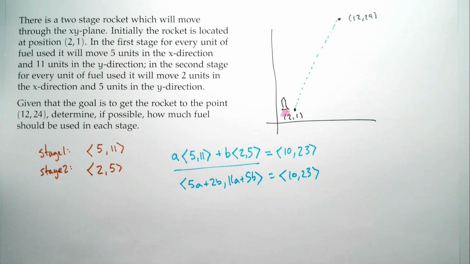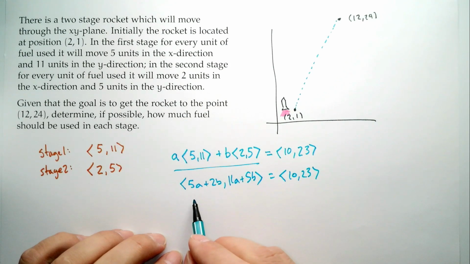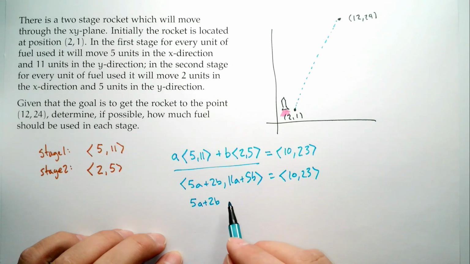And so again, I'm grouping things up by components, putting it all together. And now we say, if I want two vectors to be the same, the components have to be the same. So it better be the case that 5A plus 2B is 10, and 11A plus 5B is 23.